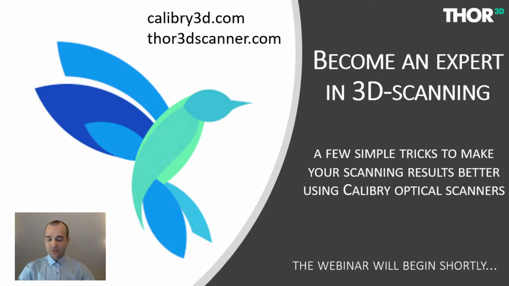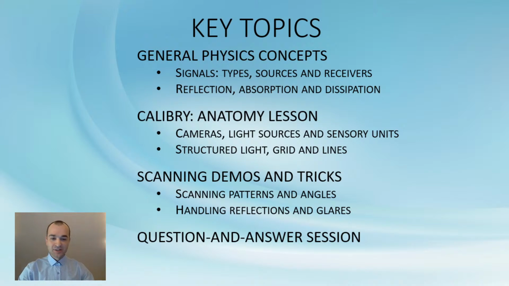What we're going to start with is a rundown of what we're going to talk about. I'm going to cover some general topics. First of all, I want to start with some general physics concepts, just to make sure that we are on the same page, because lots of these concepts will be needed to better understand the principles behind the scanning.